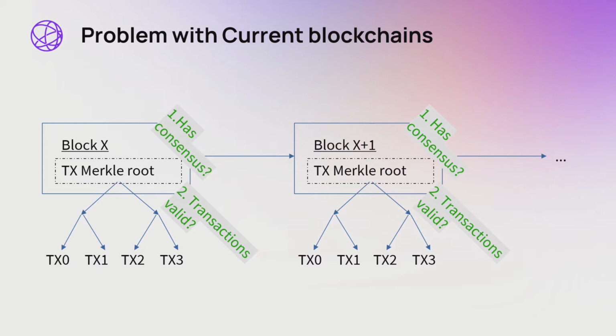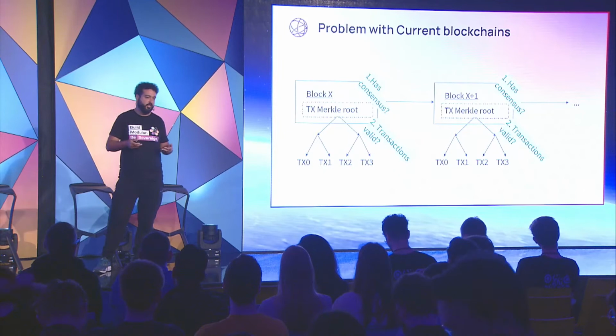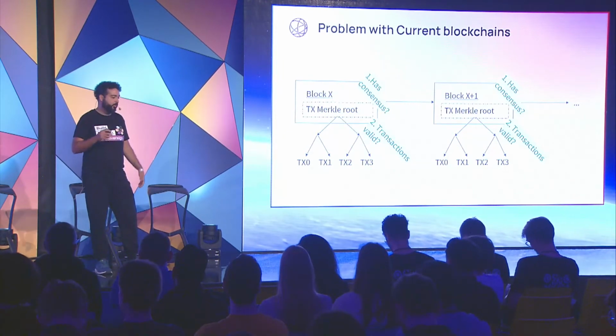If you think of, for instance, Juno, as was presented before, if Juno becomes very, very successful and you have many applications on there, you will eventually hit the problem that you cannot execute or verify efficiently all the transactions because there are just too many. It's a main bottleneck on shared execution environments. You can see this in Ethereum. It becomes slowly more and more expensive, or you keep the blocks really small.